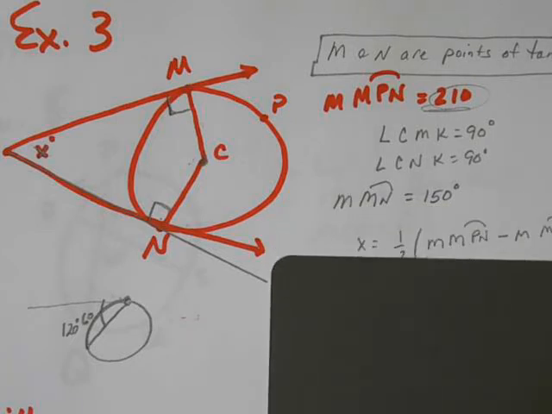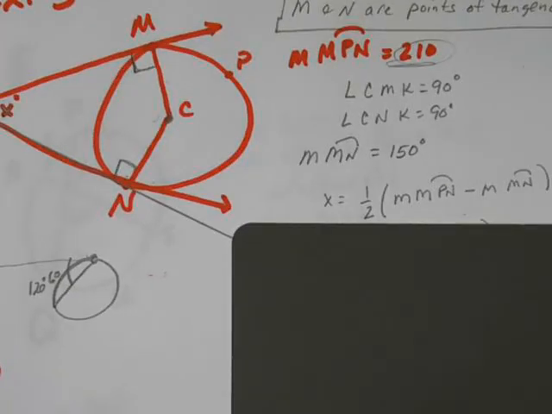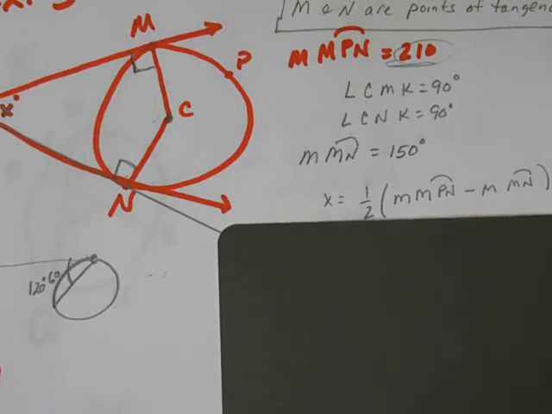All right, keep going. Look at this formula. How do we solve for x? There it is. You take 1/2 the difference of those arcs subtracted. Go ahead and solve for x.